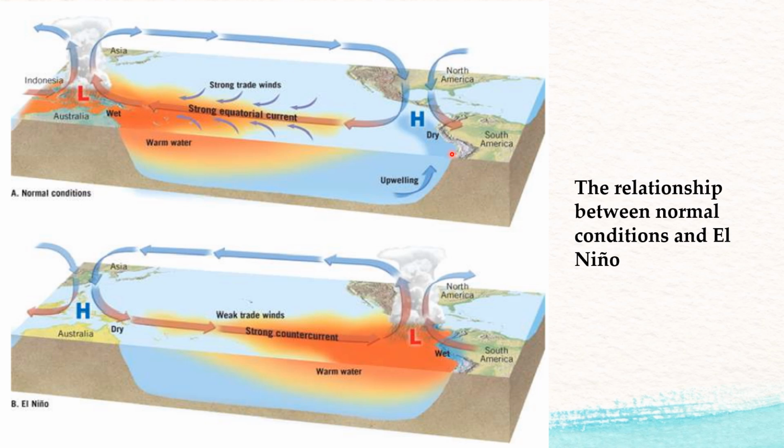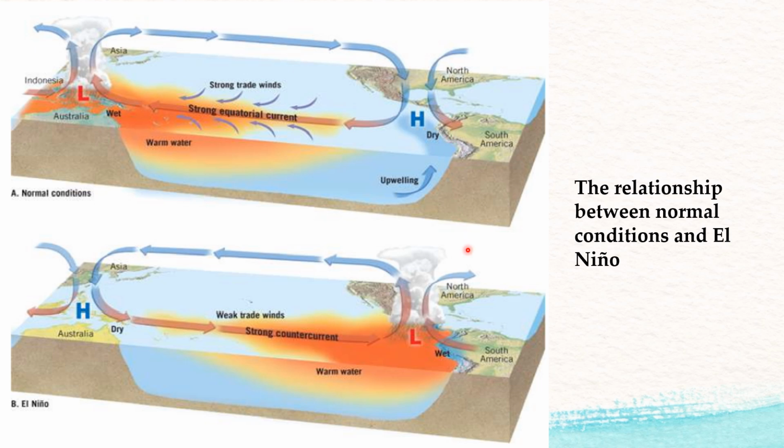Upwelling is an upward movement of the water. So due to the Peru current, Peru is in South America, the Peru current is causing the upwelling of the cold water along the west coast of South America.